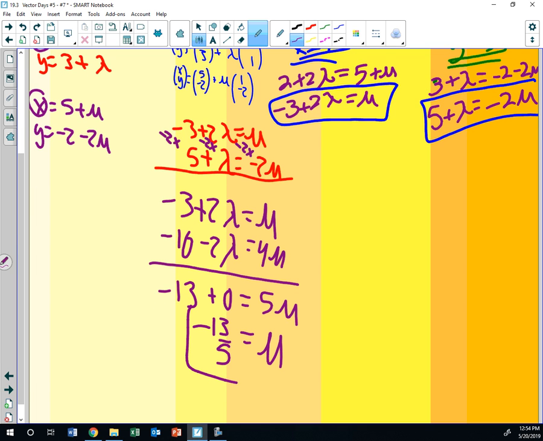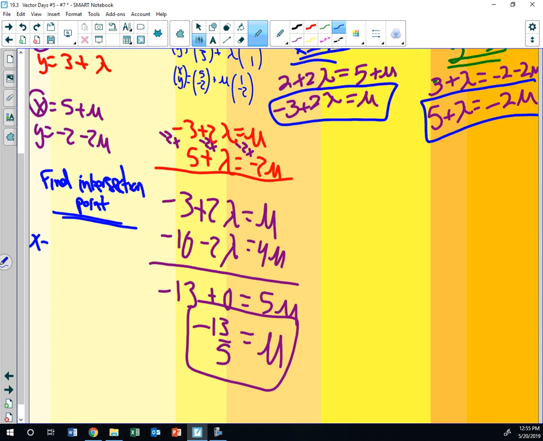All right, so if we know what mu is, now we can find the intersection point. This is great. X is 5 plus -13/5. Y is -2 minus 2 times -13/5. So that's going to be 25 minus 13, which is 12/5.